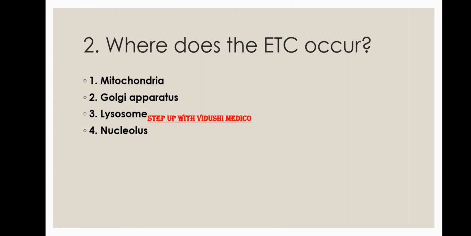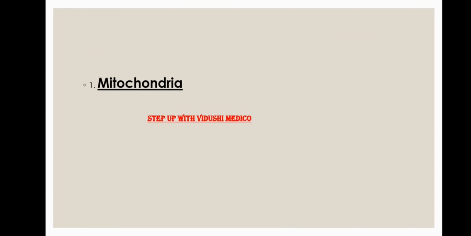I am giving you 30 seconds for the question. So the answer is mitochondria. Whoever is not able to answer, don't feel disheartened. You can again go and check the part 1 and part 2 videos, and then you will know the answers. I am very sure about it. Go through the NCERT also.